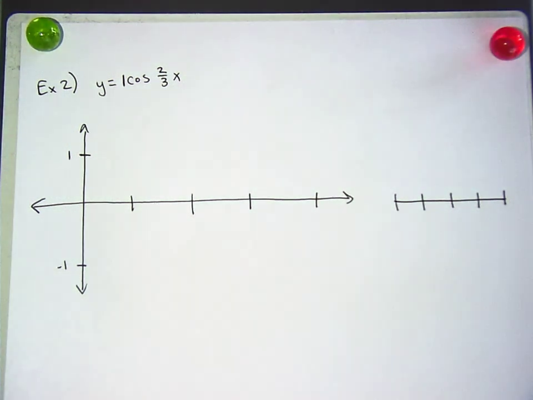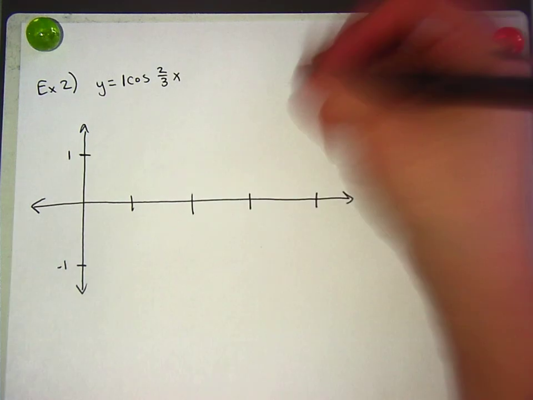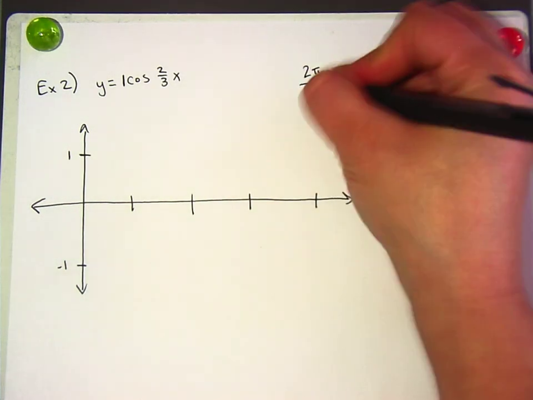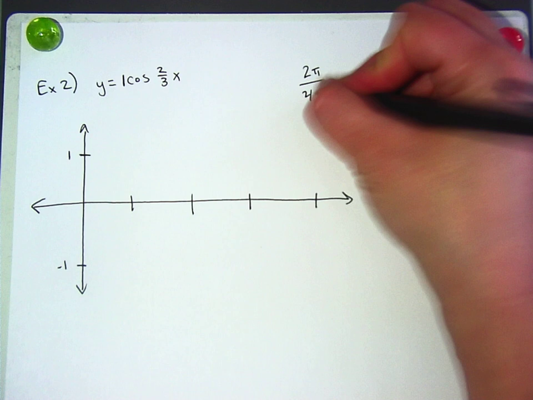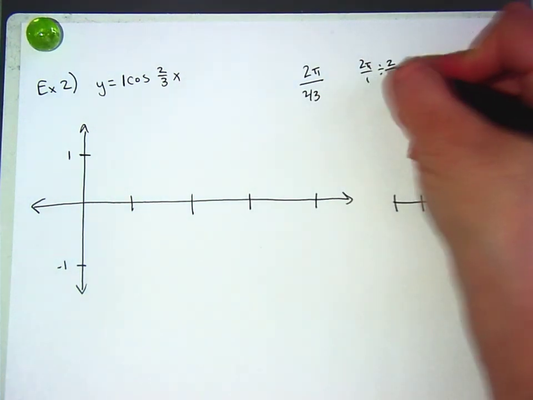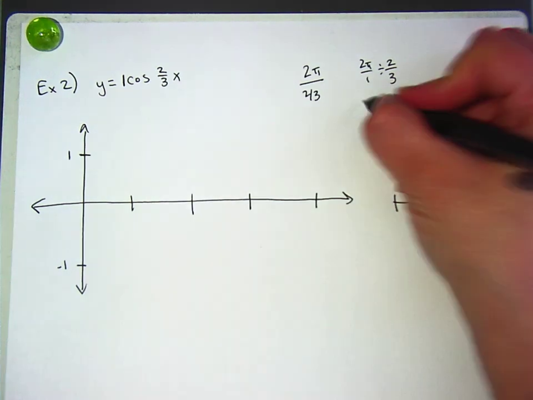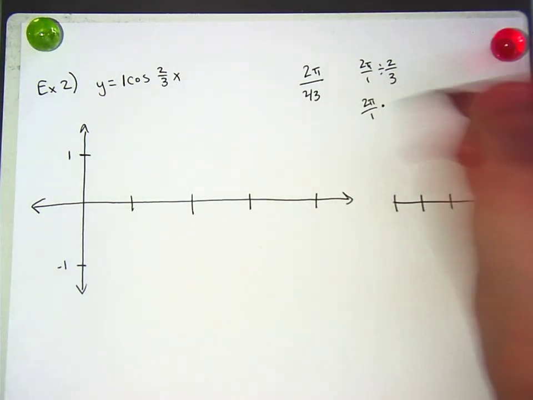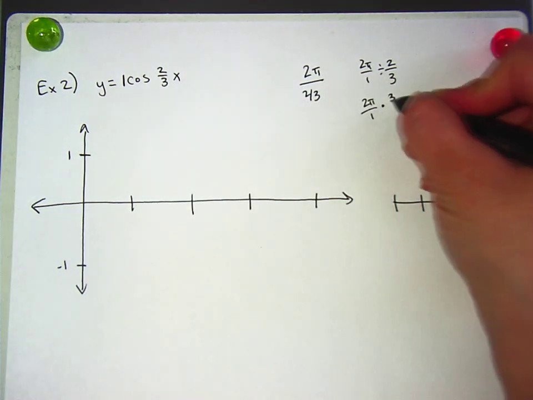How do I figure out the period? 2 pi divided by 2/3. How do you do a fraction divided by a fraction? 2 pi over 1 divided by 2/3 is the same thing as 2 pi over 1 times 3 over 2.